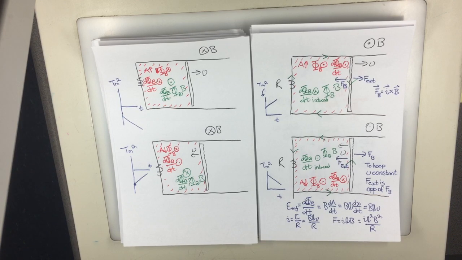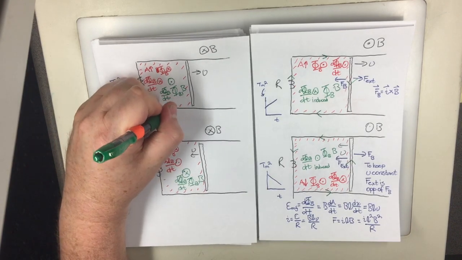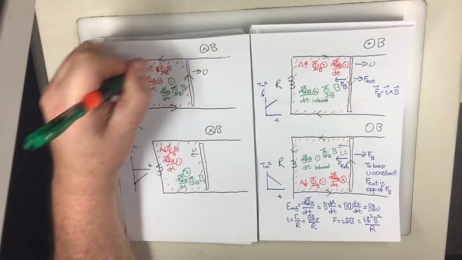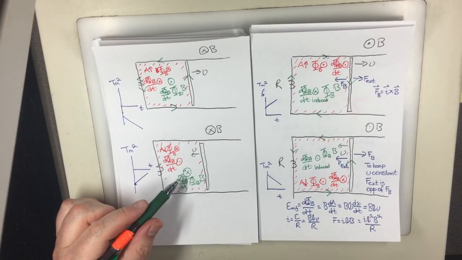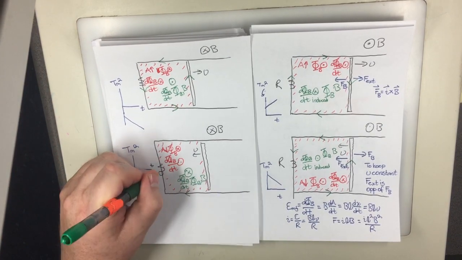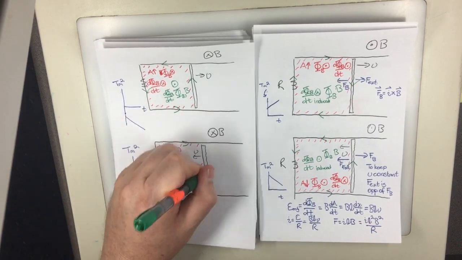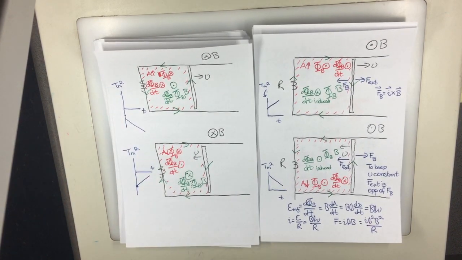To produce an induced magnetic flux coming out of the page, well, look at this. It has to be a counterclockwise current. To get the induced magnetic flux to go in, the current has to be clockwise.